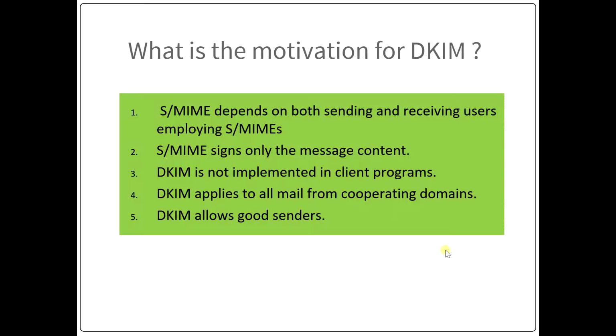For almost all users, the bulk of the incoming mail does not use S/MIME, and the bulk of the mail the user wants to send is to recipients who do not use S/MIME. So this is one motivation. The second motivation is that S/MIME signs only the message content, so RFC 5322 header information concerning the origin can be compromised.